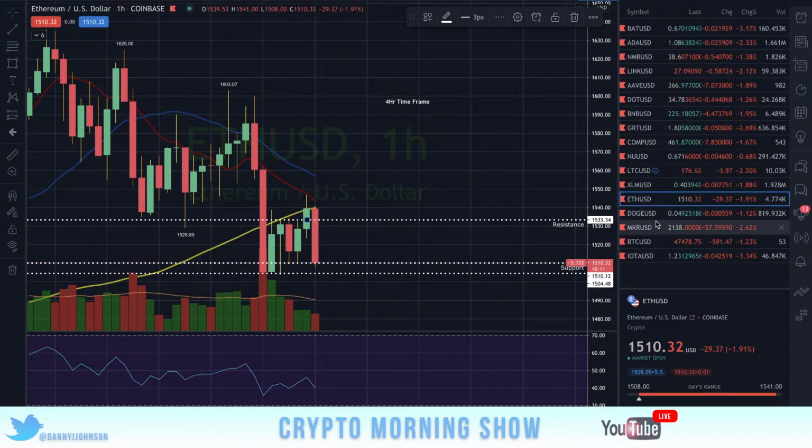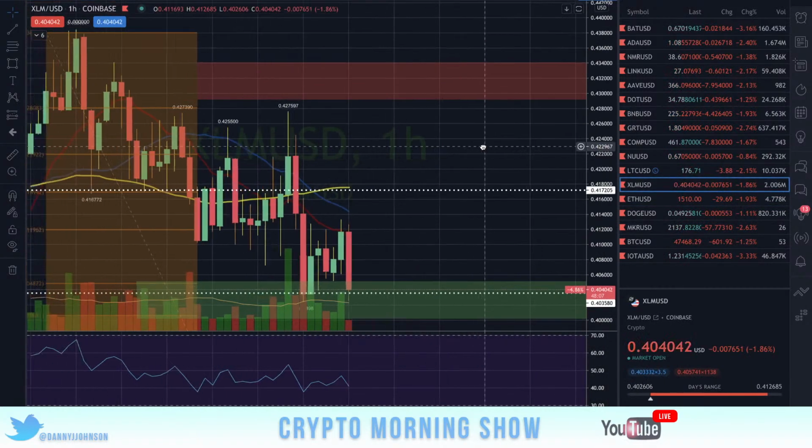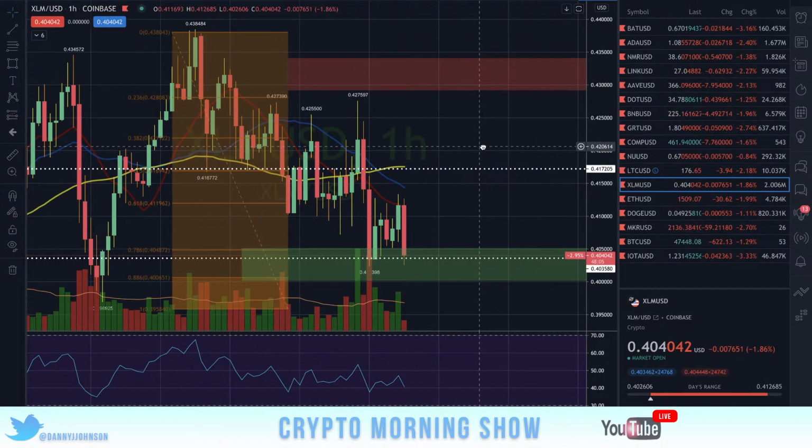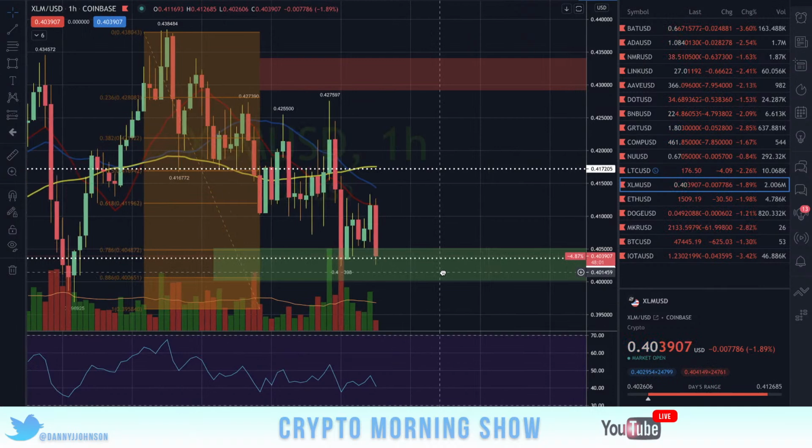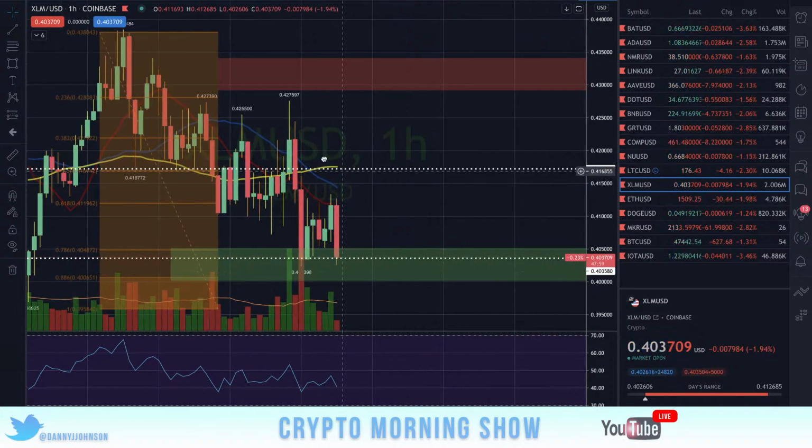Moving on to XLM USD. As you can see, we're falling into the buy zone for this particular one that we have set up. So let's look for our support and resistance levels. We are on the 1 hour time zone.